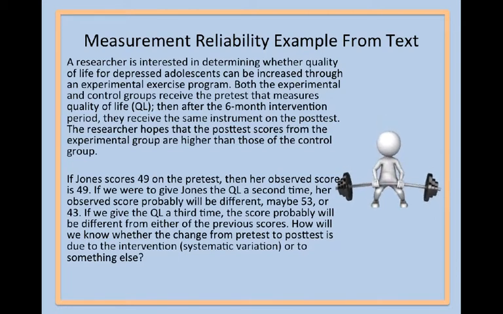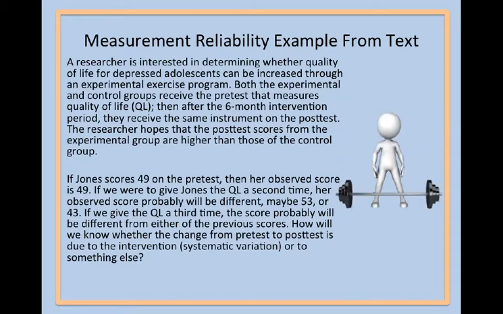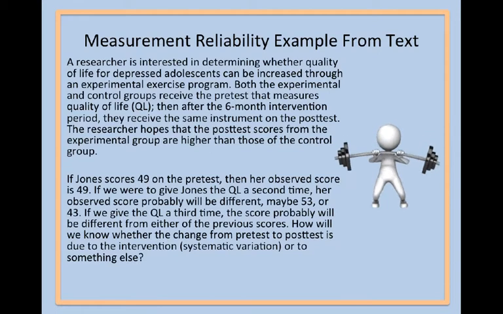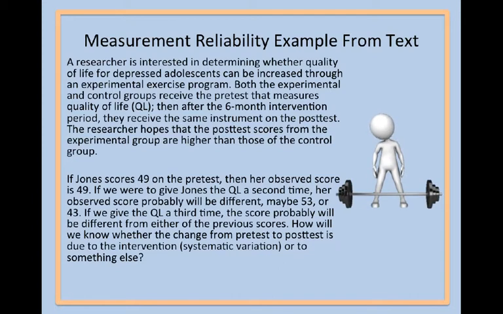If Jones scores 49 on the pretest, then our observed score is 49. If we were to give Jones the quality of life measure a second time, her observed score would probably be different, maybe 53 or 43. If we give the quality of life measure a third time, the score probably will be different from either of the previous scores.